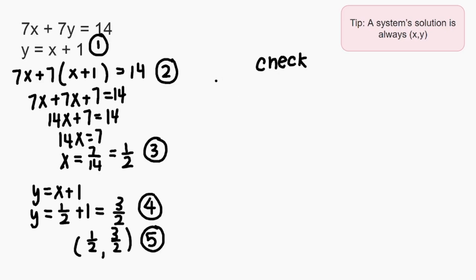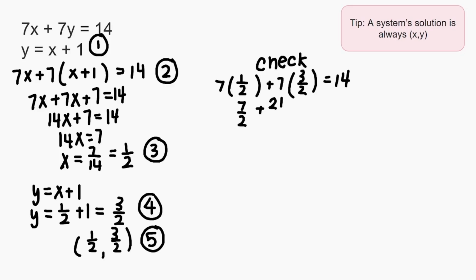So let's do the first equation. 7 times x plus 7 times y should be equal to 14. So 7/2 plus 7 times 3 is 21/2 equals 14. So that's 28 divided by 2, which is equal to 14. 14 equals 14. So we know it holds true for the first equation.